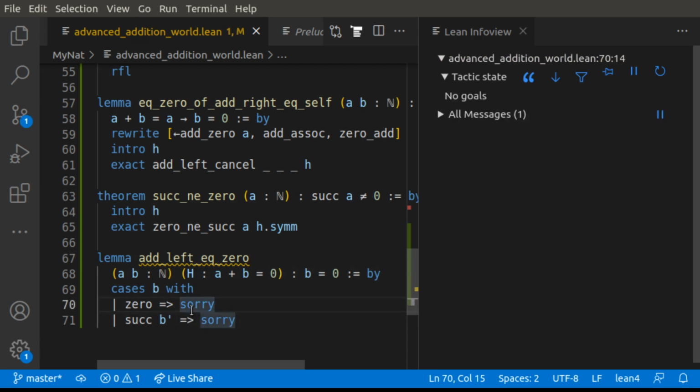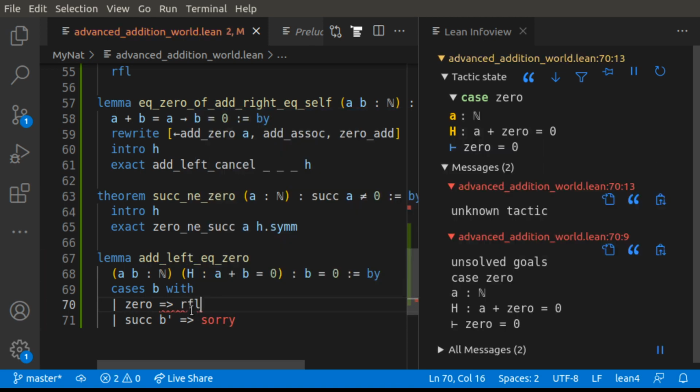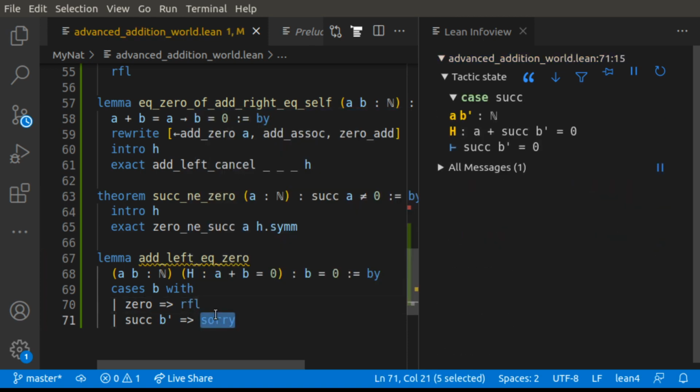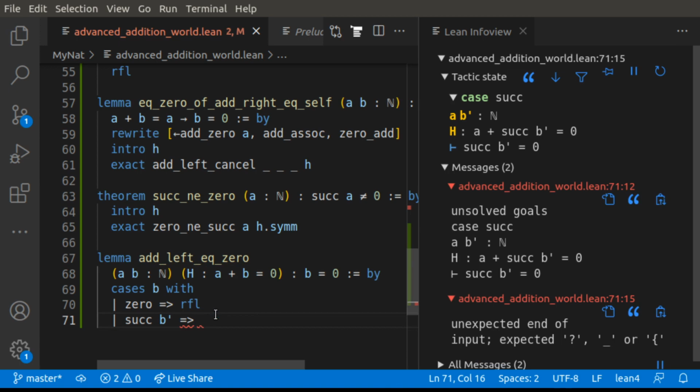We're just doing cases, not induction. Okay, reflexive. Okay, that's easy. Now we want to prove successor of b plus 0 equals 0 implies successor of b equals 0. This kind of feels right. This kind of feels like we're back where we started.